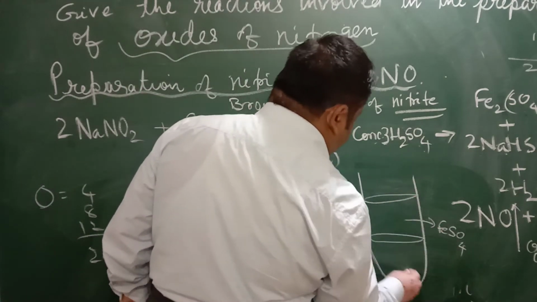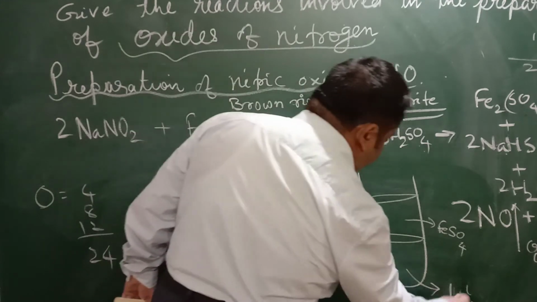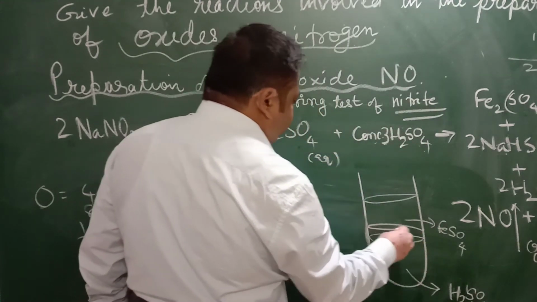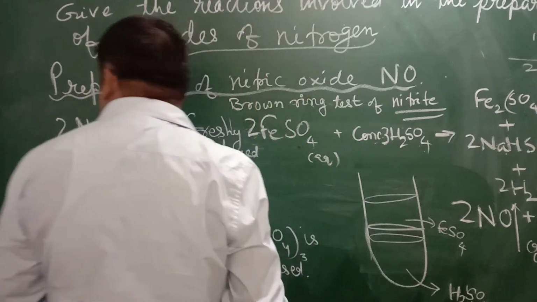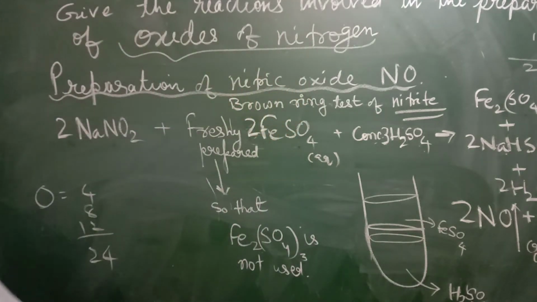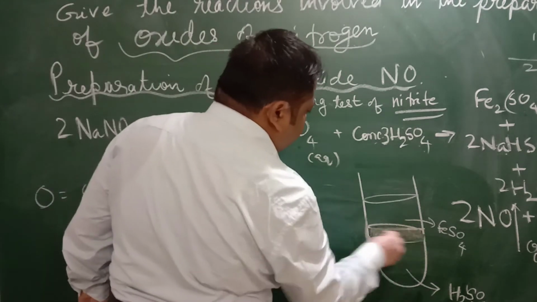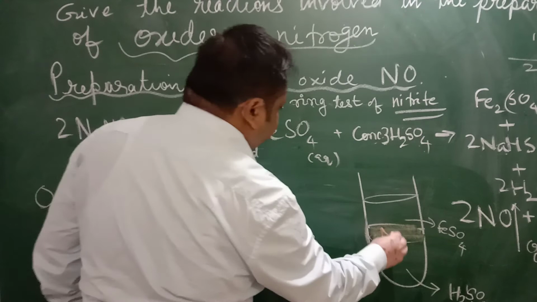Here FeSO4 will be there, and here H2SO4 will be there, and in between this layer you will find that there will be a brown ring. There will be a deep brown ring of NO gas.